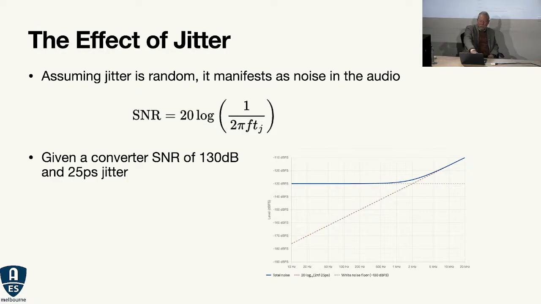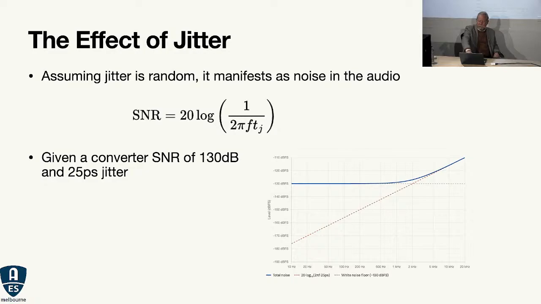Here's a plot of what the SNR would be for a codec with a 130 dB SNR, and if we assume that we've got a clock with 20 picoseconds of jitter, this is what will happen to it.